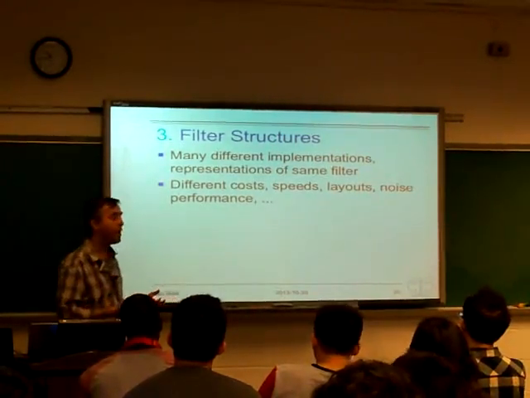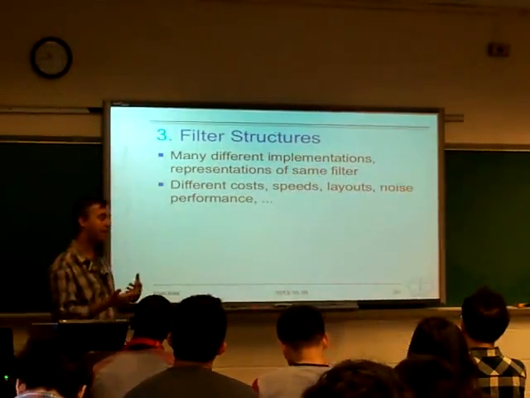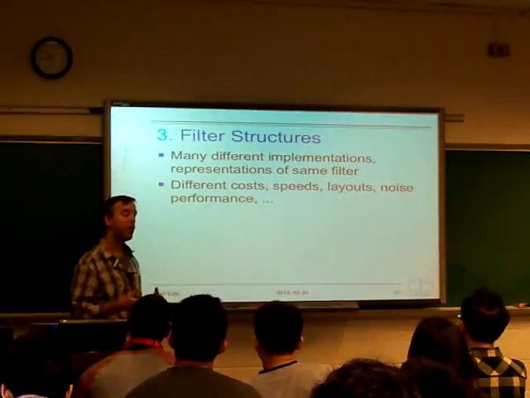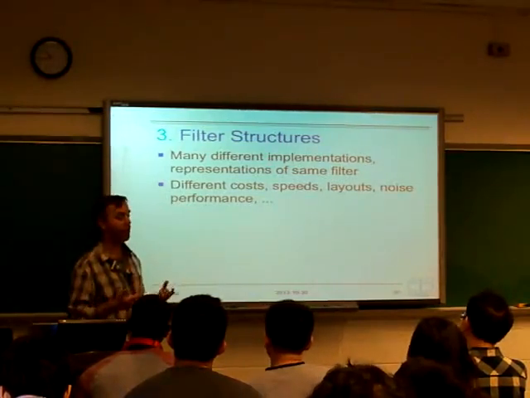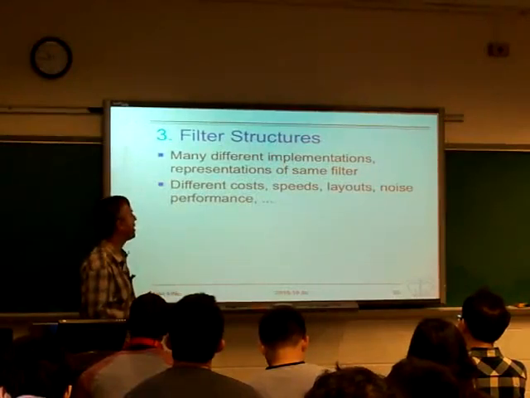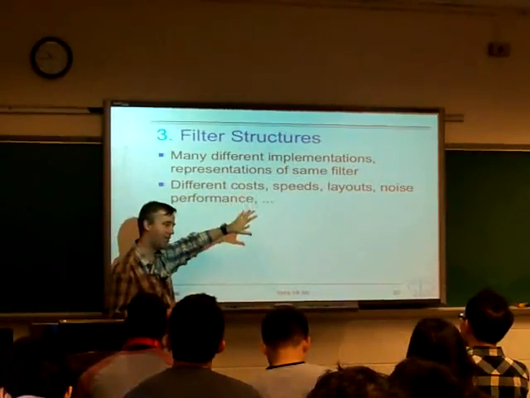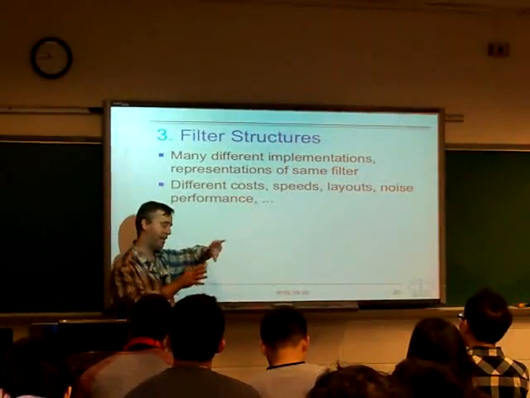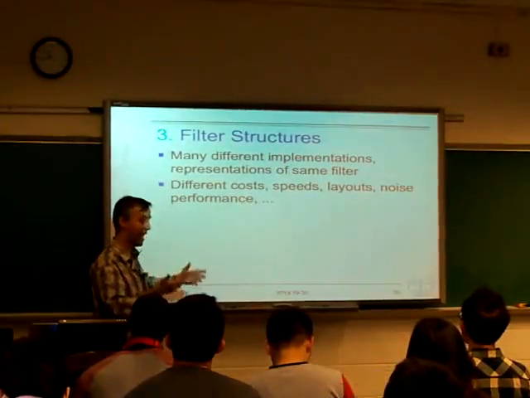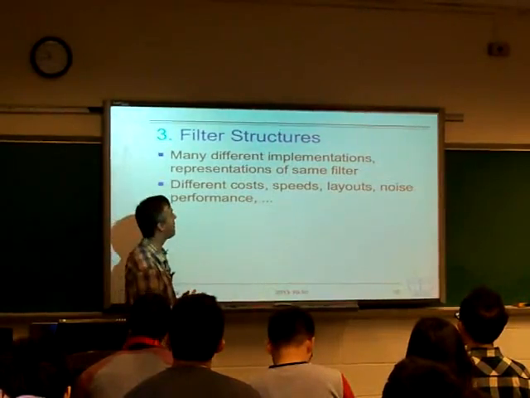So there are going to be second-order factors. All these different implementations, these realizations, will all have the same theoretical transfer function, but they may have different second-order properties, like the computational cost, based on the different expense of these different operations: adding, multiplying, delays.